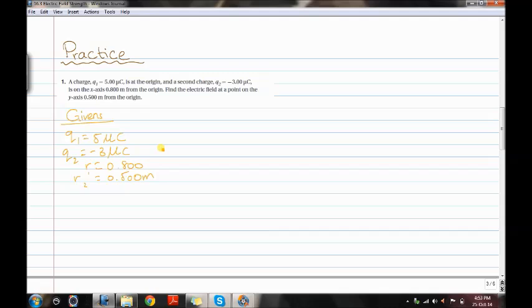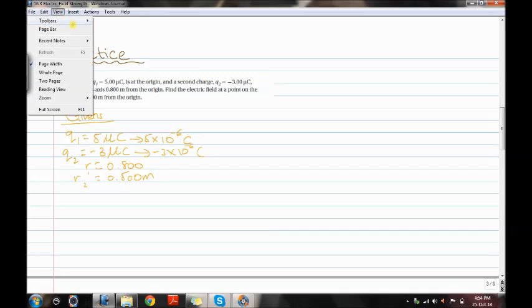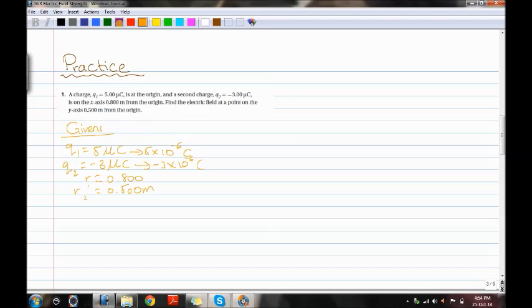Now let's see how to draw it. Before that, let's convert Q1 and Q2. It would be 5 times 10 to the power of -6 coulomb, and here -3 times 10 to the power of -6 coulomb. So let's draw. The test charge is over here, then here we have the positive charge, and here the negative charge.